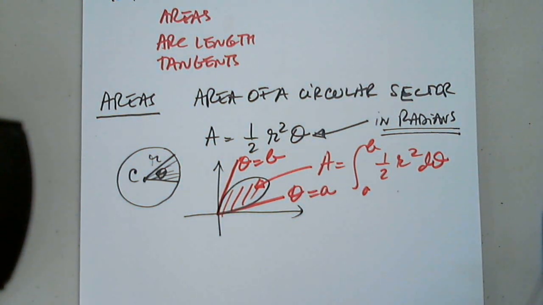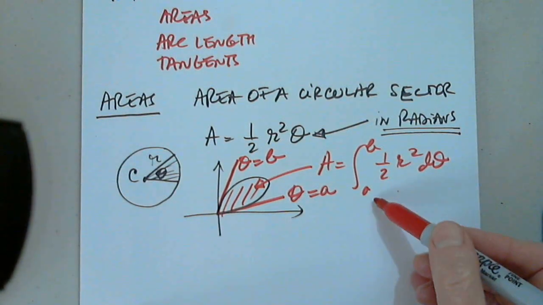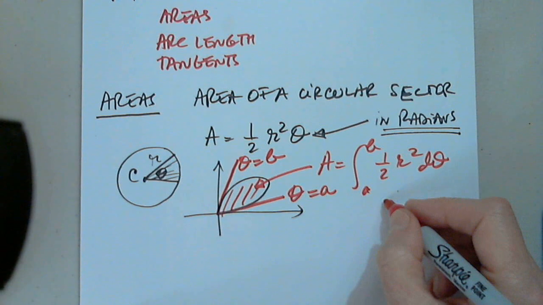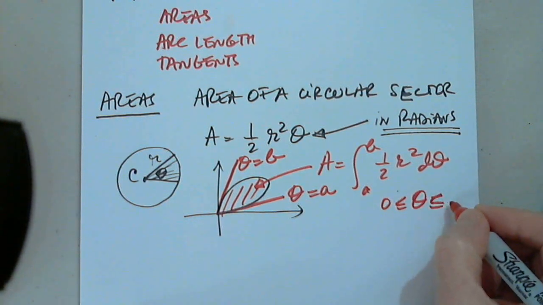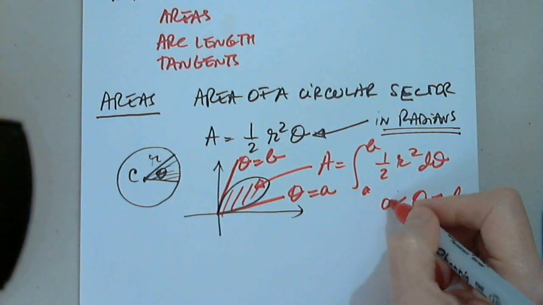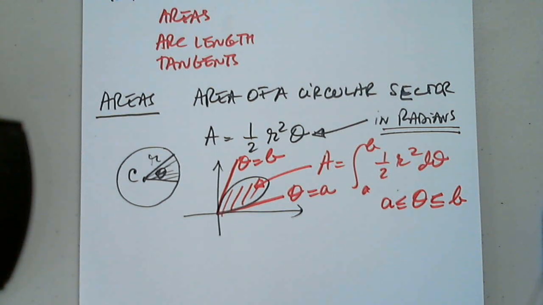And of course that's clear, right? That theta is between A and B.